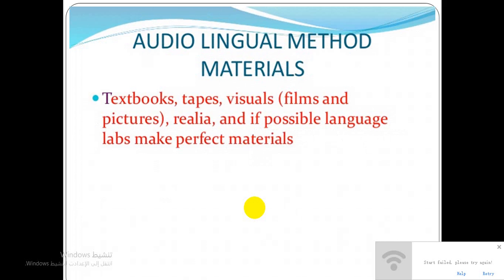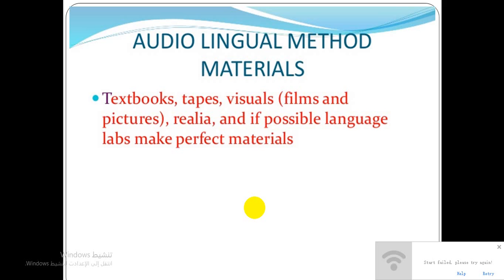Audiolingual method materials include textbooks, tapes, visuals such as films and pictures, realia, which means authentic objects, and if possible, language labs make perfect material. If I ask you, what is the role of instructional material in the Audiolingual method?